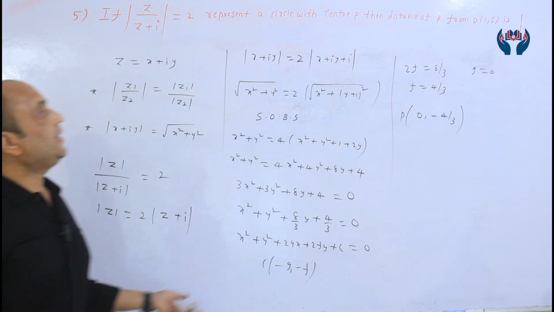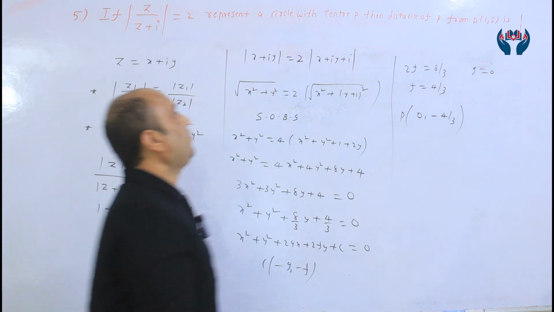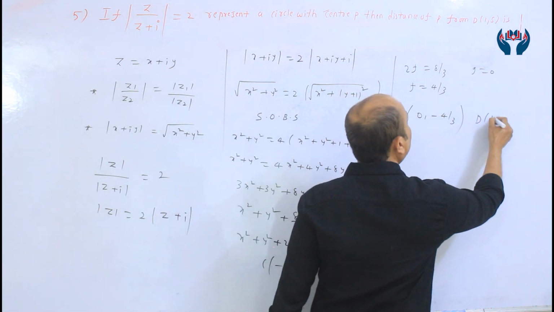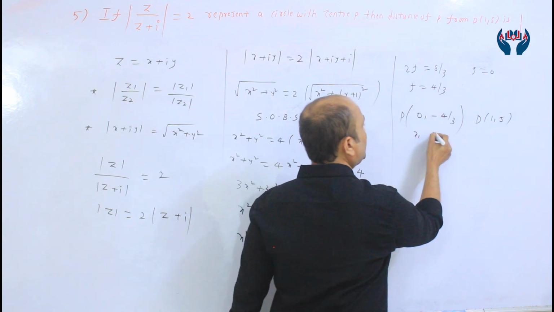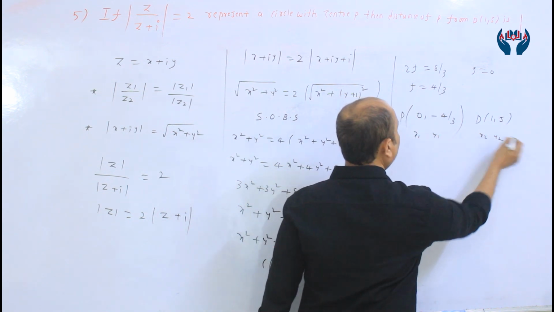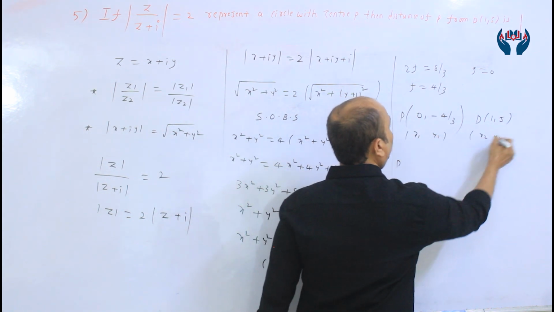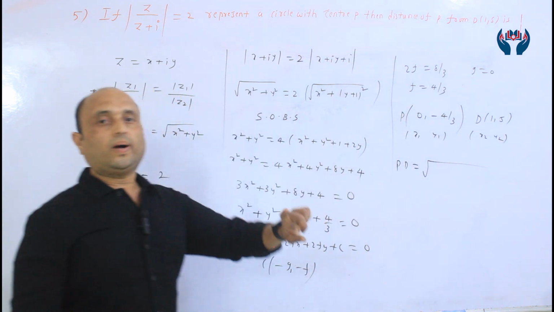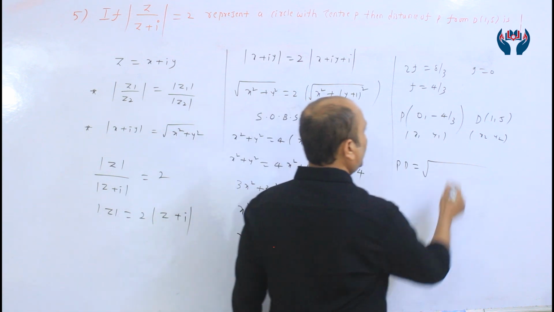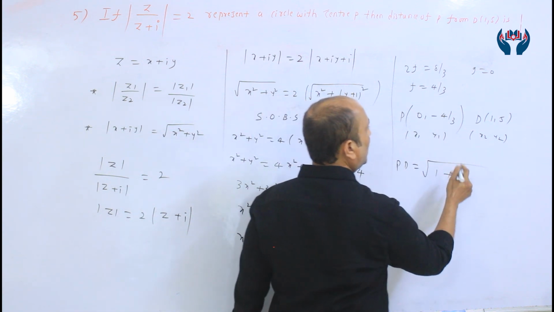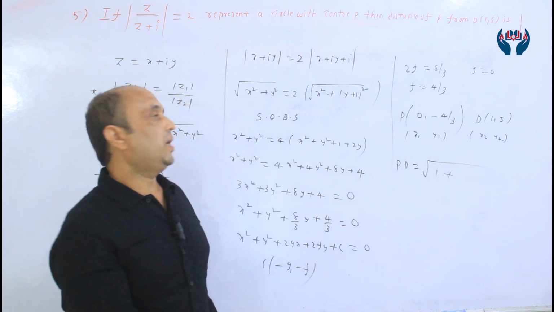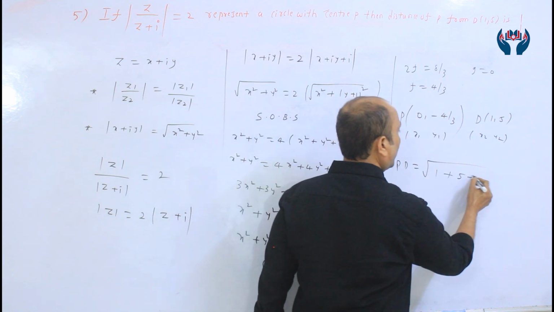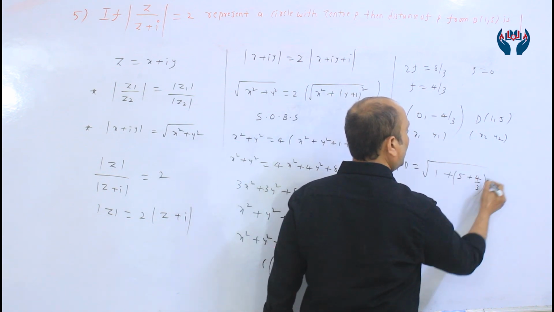Now after getting the center, find the distance between P and D. D is (1, 5). This is x1, y1 and this is x2, y2. So now find the PD value: under root of x2 minus x1 whole square plus y2 minus y1 whole square. That is 1 plus 5 plus 4 by 3 whole square.